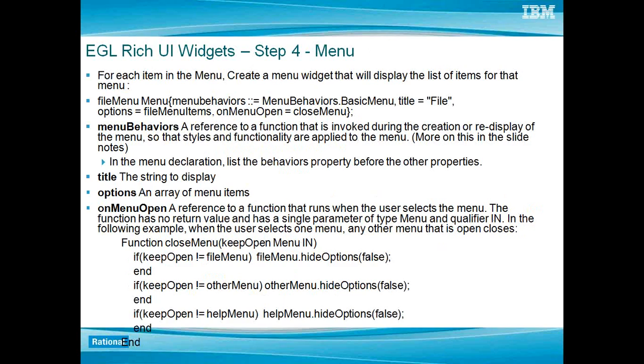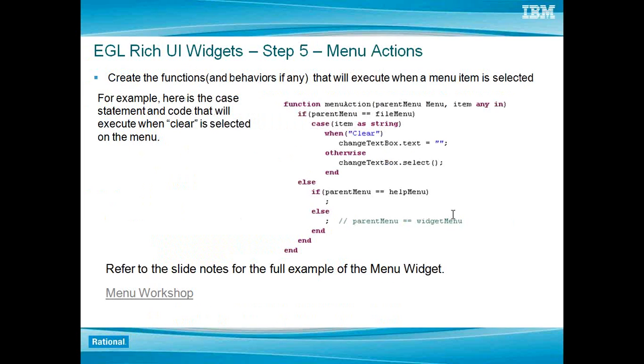Once you have declared your menus, you can play with different properties, like which option is selected, and you can hide or show different menu options inside your application. Here we are trying to find out which menu is currently selected, and then we are doing some action, like clearing some values inside our box widget.